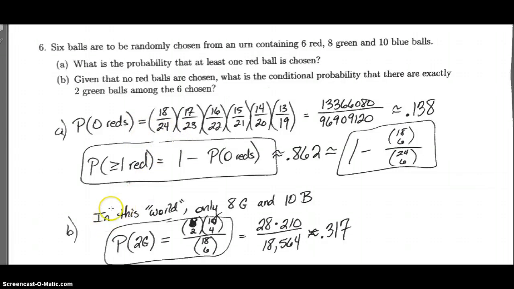For part B, 2 ways to do it. We could set up a Bayes theorem. I think the way I was trying to promote in class more was just limit ourselves to the world where no red balls are chosen. So in this sense, we don't even have any red balls. We have 8 green balls and 10 blue balls.